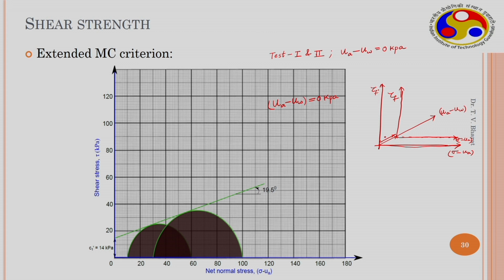The shear stress tau f is on the y axis and the net normal stress sigma minus UA on the x axis. When this is plotted, we have two test data sets. One is sigma 1 minus UA, which is 60 kilopascal, and sigma 2 minus UA and sigma 3 minus UA are both 10 kilopascal. So this is one more circle.